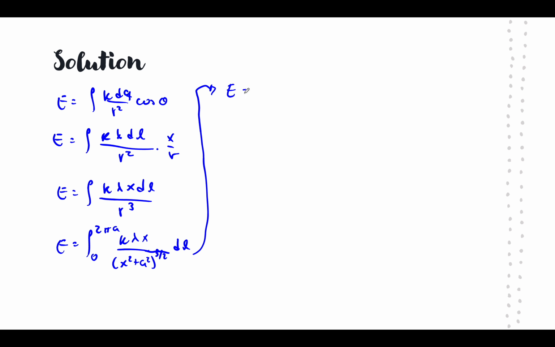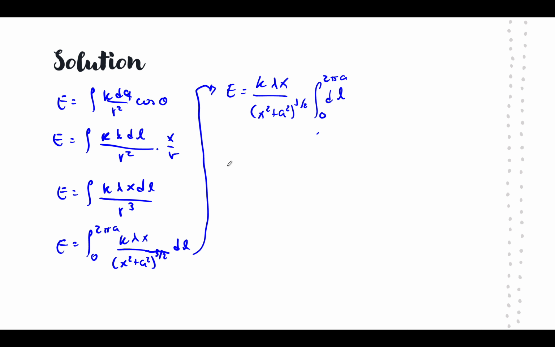That means that the electric field is going to be equal to k lambda, which is a constant, x is a constant, right? Our radius is a constant as well. So our only variable will be dl from 0 to 2 pi a.